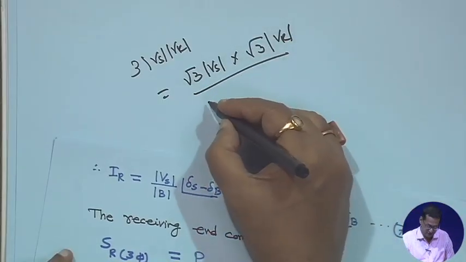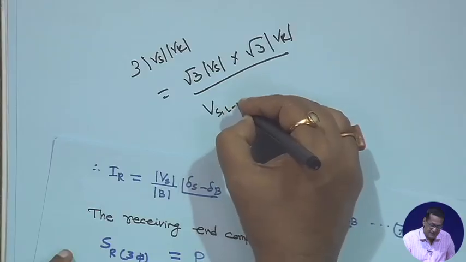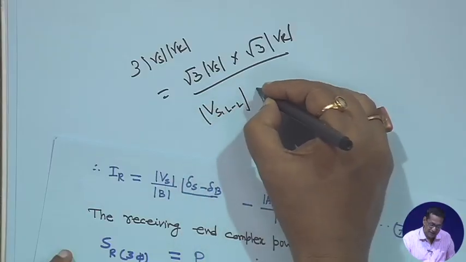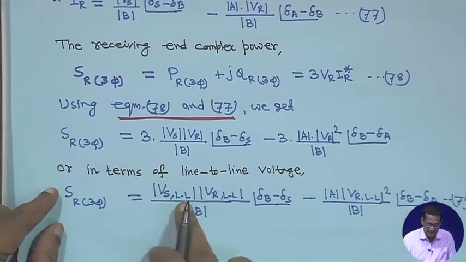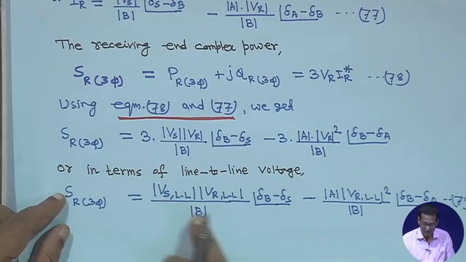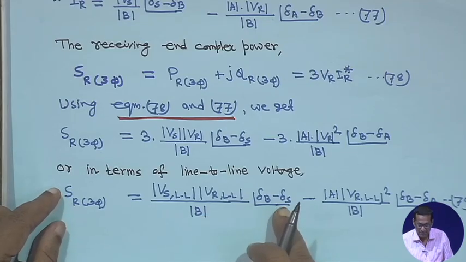So this term becomes Vs line to line into Vr line to line by mod B angle (delta B minus delta s).